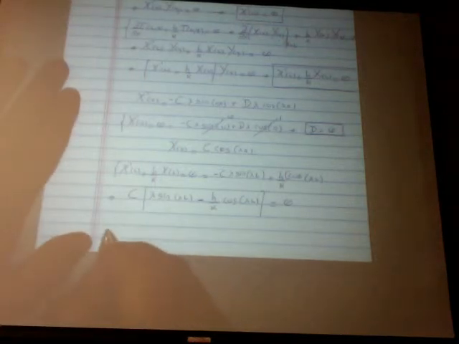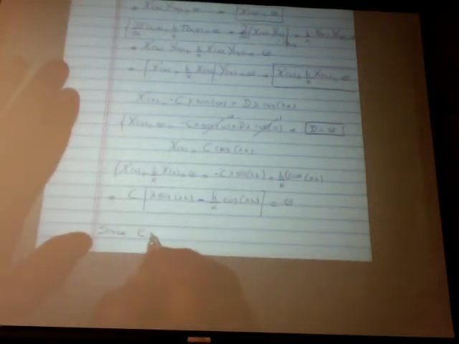Again, c cannot be 0, because that will lead to a trivial solution. The only possible explanation is that this term right here is equal to 0.